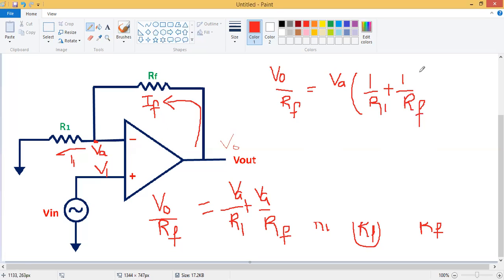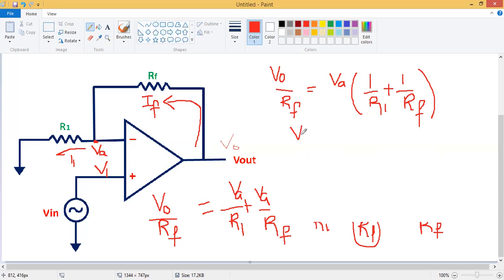Now what am I writing? As I already said, VA is equal to V1, that means V1 is equal to Vin, the input voltage applied at the non-inverting terminal of the op amp. So I'm replacing this VA with Vin, and I'm also taking this RF to this side.